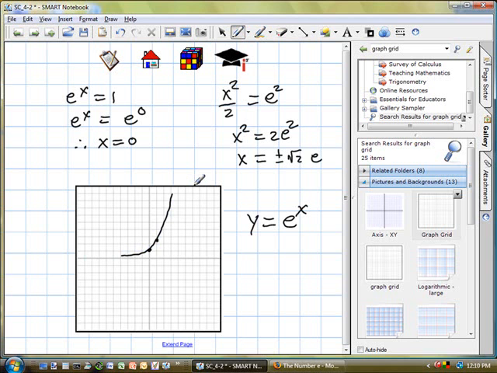Now, what they're asking you about in this next section is, what if we mess around a little bit with the exponent? So in the first one, number 19, they say, what if we say e to the x minus 2 power? So here's what they're asking you in that one.